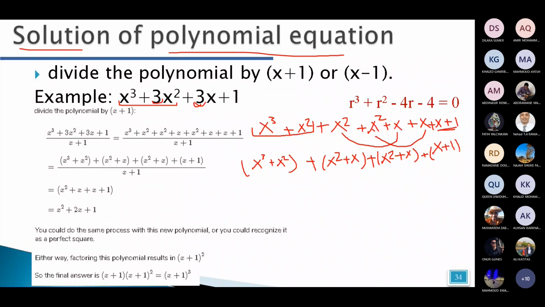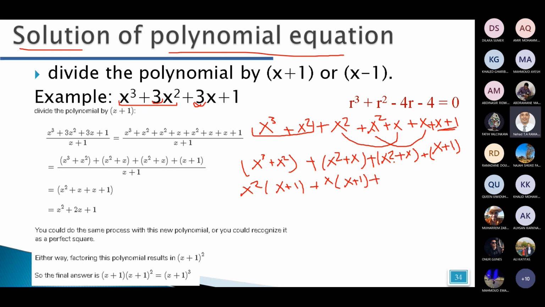Okay, so the idea, I need x plus 1 outside. So I will take from here x power 2 as common factor. What do we still have? x plus 1. I will take x outside here. So x, what inside? x plus 1.